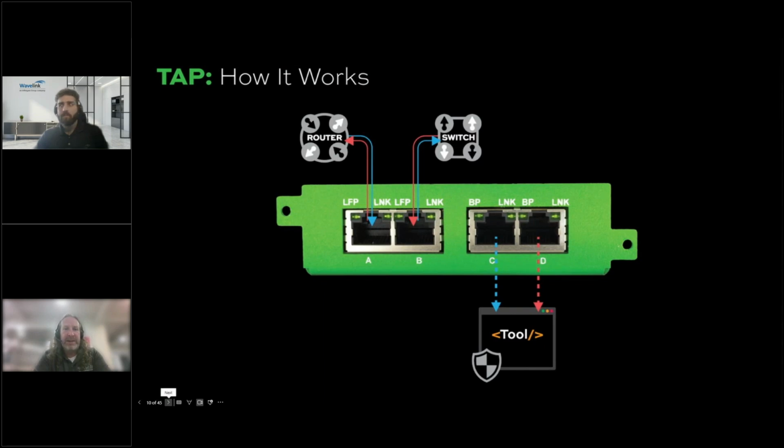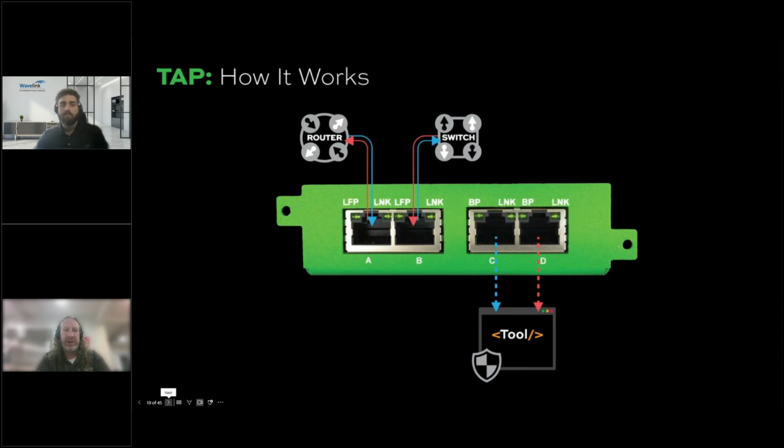In this example, we're inserting the tap between a router and a switch. The router talks to the switch in the blue line, the switch talks to the router in the red line, and the whole purpose of the tap is to copy that traffic.